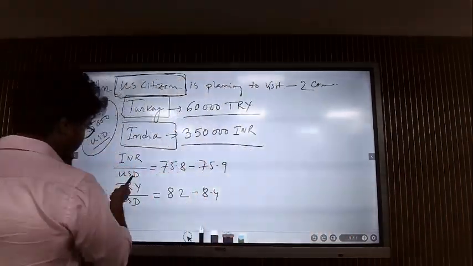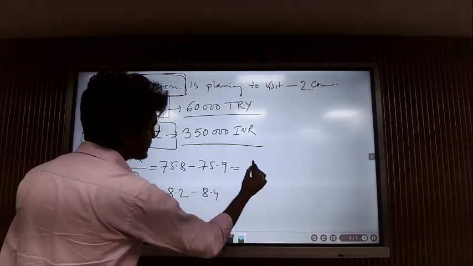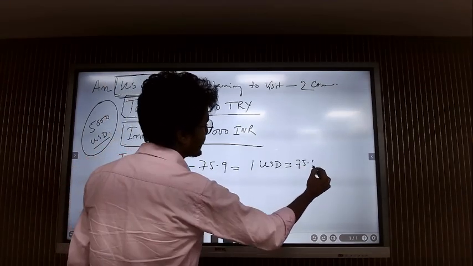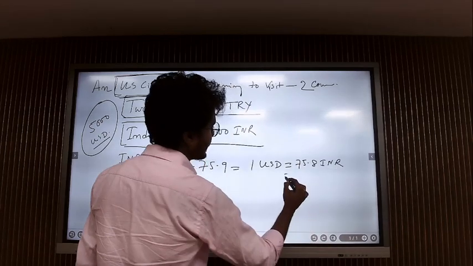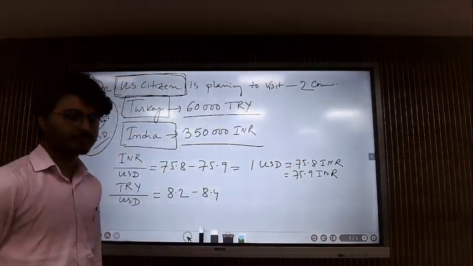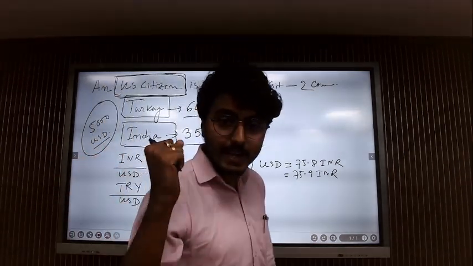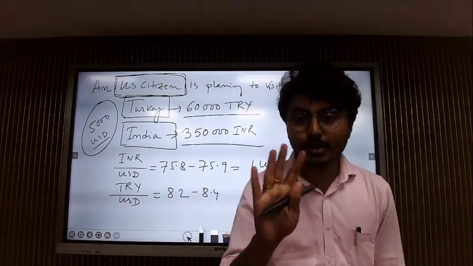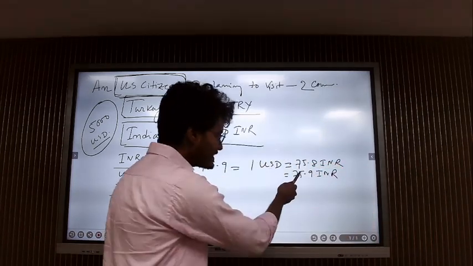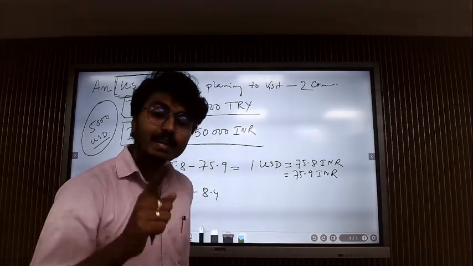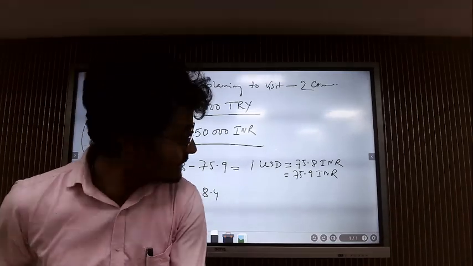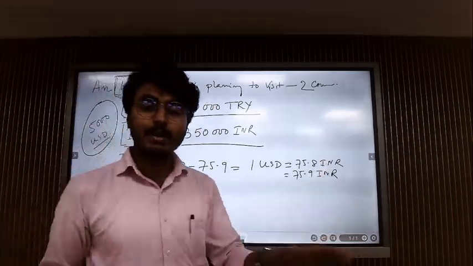But this rate says 1 USD equal to 75.8 INR and 75.9 INR. That means it is a direct quote, not for the USD, for the INR. As per this quote, 1 unit USD price is 75.8 INR and 1 unit USD price is 75.9 INR.